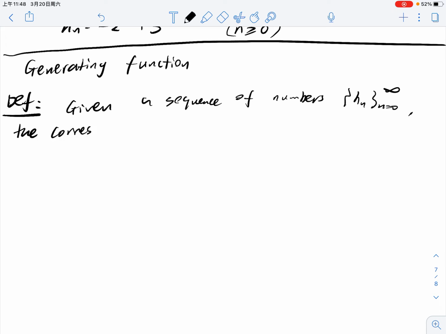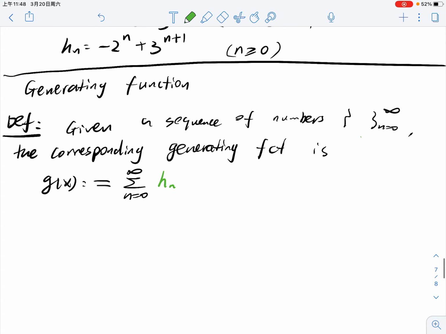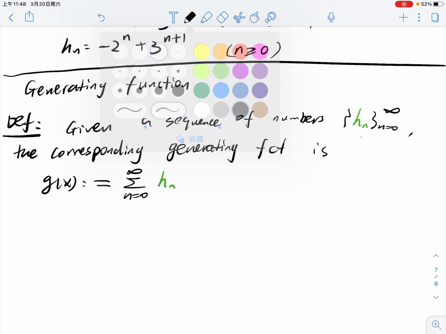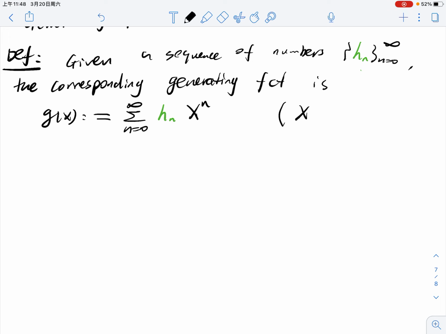And then the corresponding generating function is g(x) equals summation from 0 to infinity of Hn times x to nth power. So x is a formal variable.